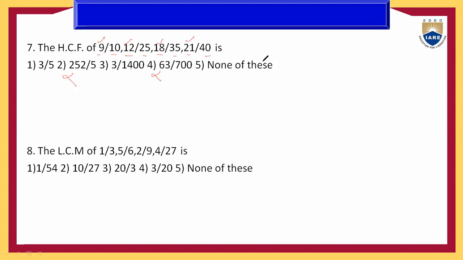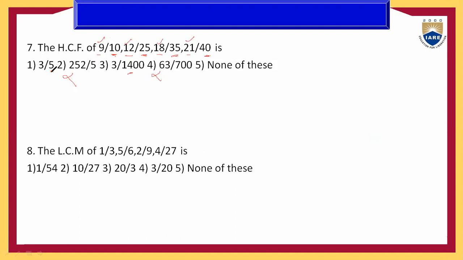Now next, either option number 1 or 3. Here for the denominator values 10, 25, 35 and 40, we find the LCM. The LCM is equal to the highest value or more than the highest value. So here 5, here 1400.